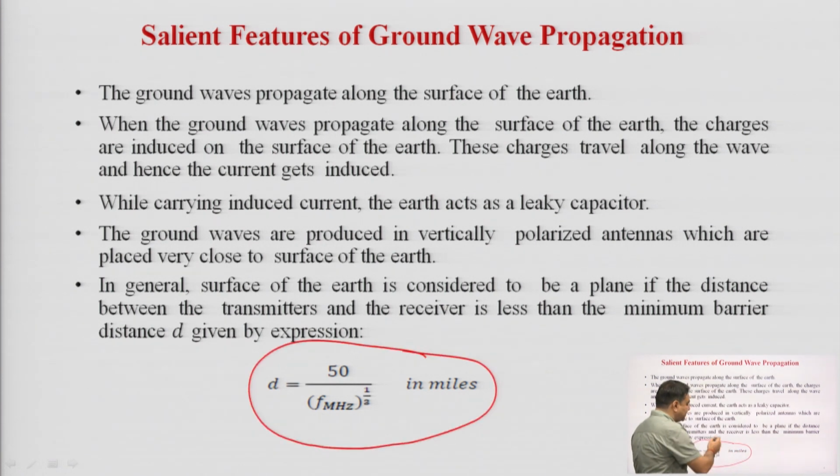The minimum barrier distance is given as d equal to 50 upon frequency in megahertz to the power of 1 by 3.